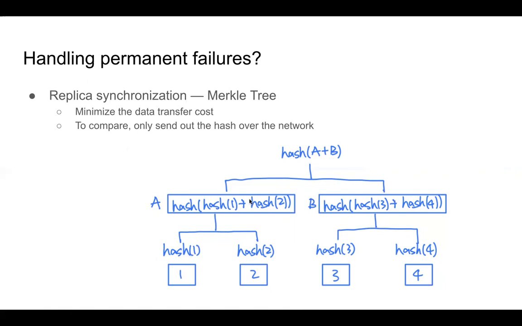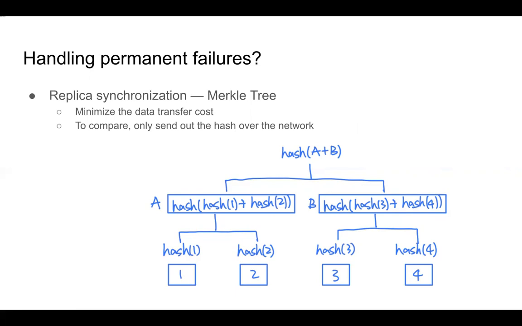We can combine the hash of 1 and 2 and get a new hash, which is called A. And similarly we get a new hash, which is called B. And we can also combine A and B and compute the hash of A plus B and get a hash of the entire tree. As long as we have a good hashing algorithm, we can compare the data over the network at this small cost and achieve synchronization. And that concludes my presentation.